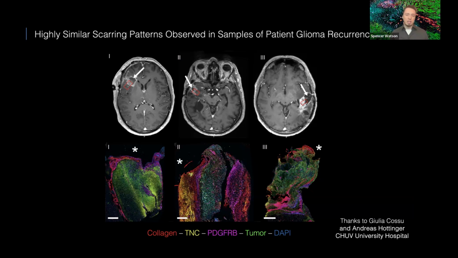So then we could go into the operating theater with the surgeons and identify these specific areas for analysis. And by doing this, we were able to see a very similar association between tumor regrowth and this fibrotic scarring that was related to the initial treatment.